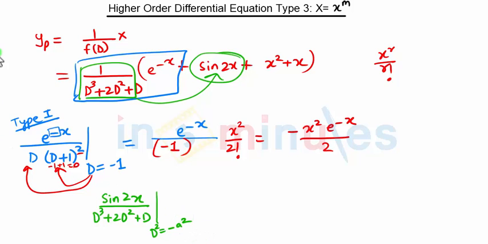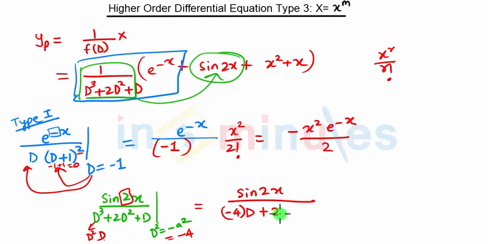In our case a is 2, so a square is 4, so we will replace d square by minus 4. So this term will be represented as sine 2x upon, instead of d cube we can write d square into d, and here d square will be represented by minus 4 and this d will remain as it is, plus 2 into d square, which is minus 4, plus d.